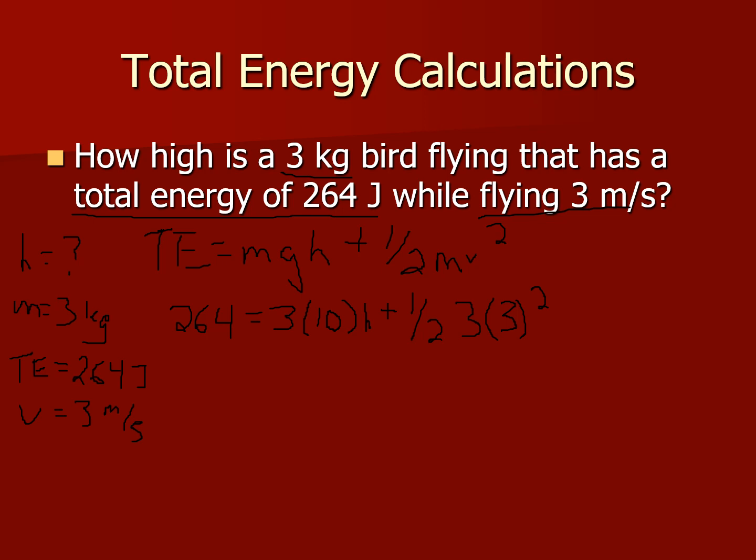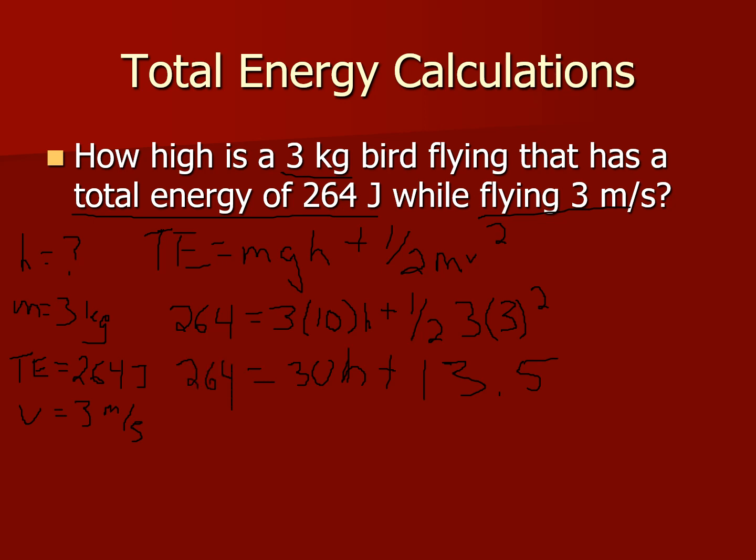All right, I'm going to type that in my calculator. I type all that in my calculator and I get 13.5. I actually knew that. I don't know why I had to do that. Equals 30H plus 13.5, and I bring down the 264.